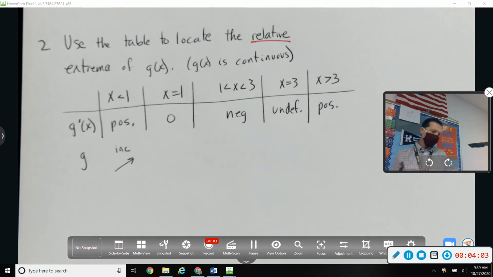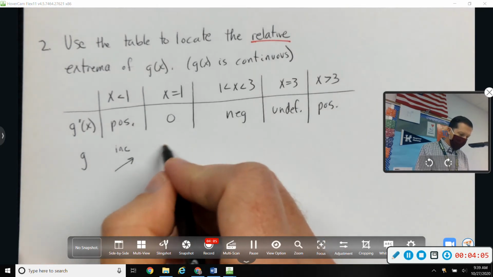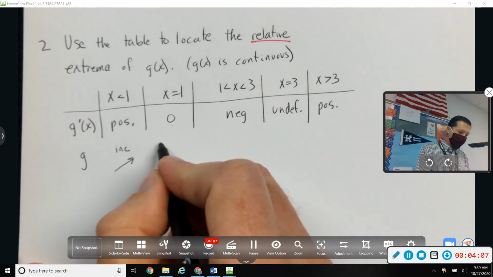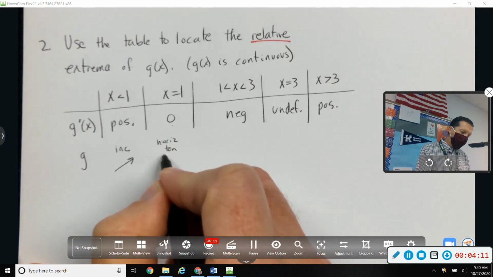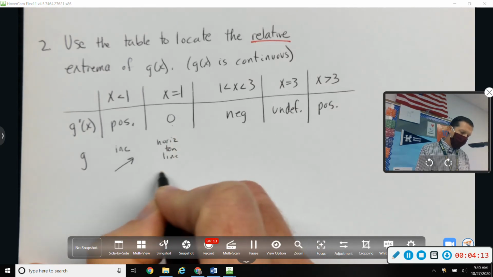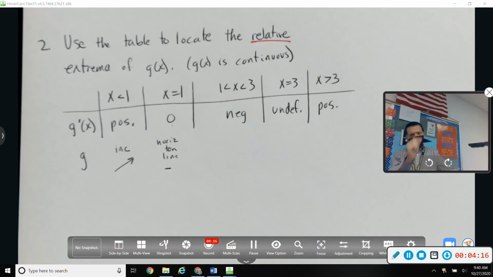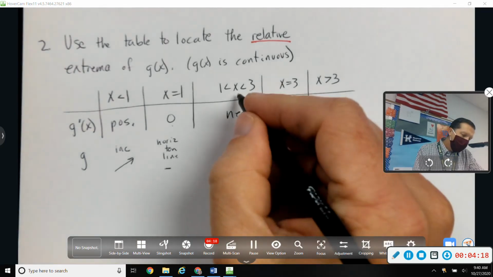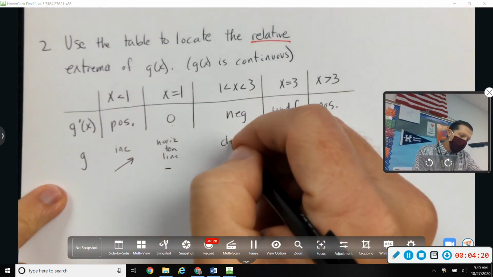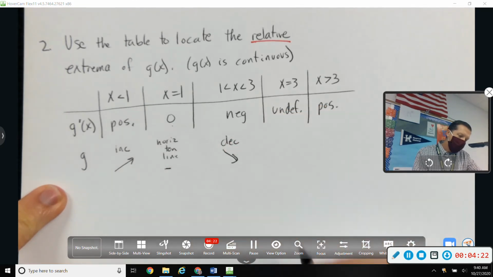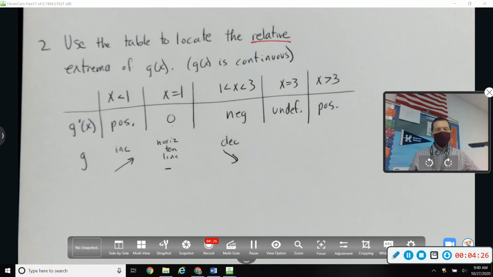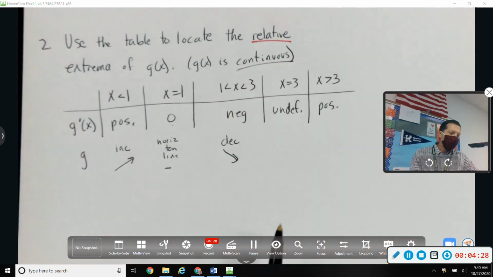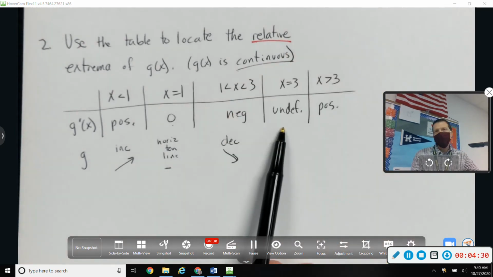At x equals 1, the derivative is 0, so that's probably a horizontal tangent line, which means it evens out, but just for that one brief point. If g prime is negative, then g is decreasing. Undefined, we don't know what's going on there. It says it's continuous, so it's not an asymptote or a jump.